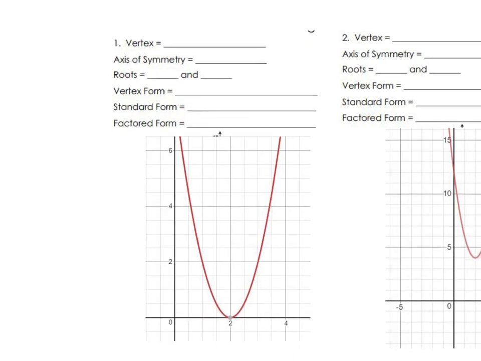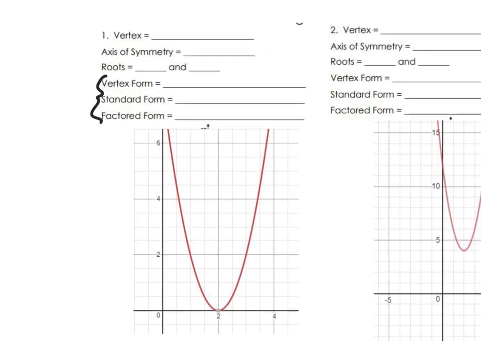So this one, they're wanting us to write equations in all three forms. All they give us is a graph. So my vertex is here, and so it's 2, 0. And my axis of symmetry, if you remember, splits your graph.